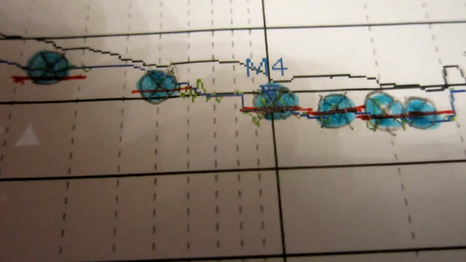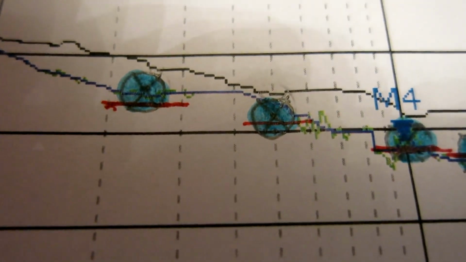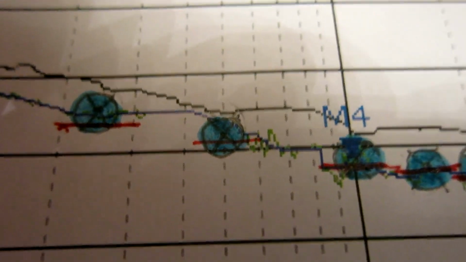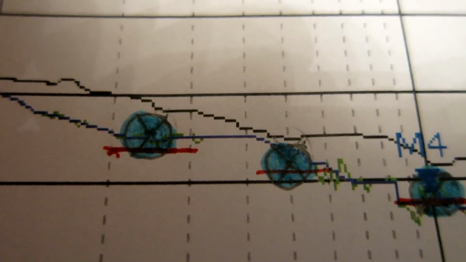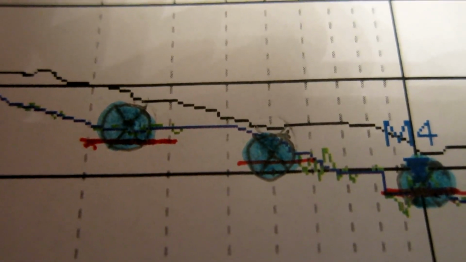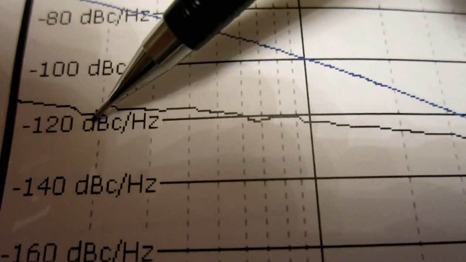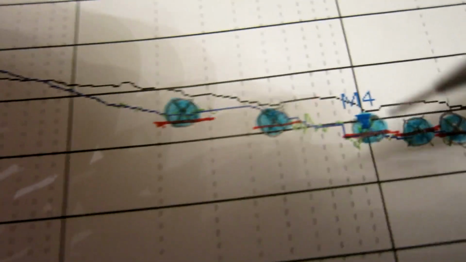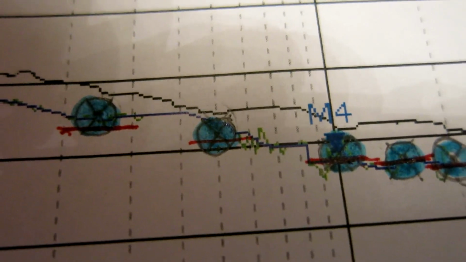The red lines through or just a little bit below the phase noise measurements are my amplitude noise measurements. Although very close, the amplitude noise is low, but in this range it is significantly higher than the phase noise.